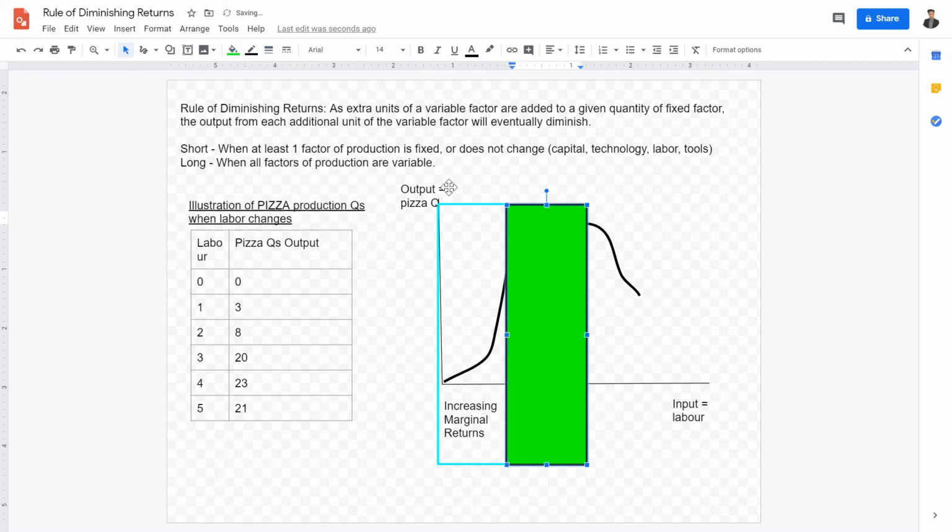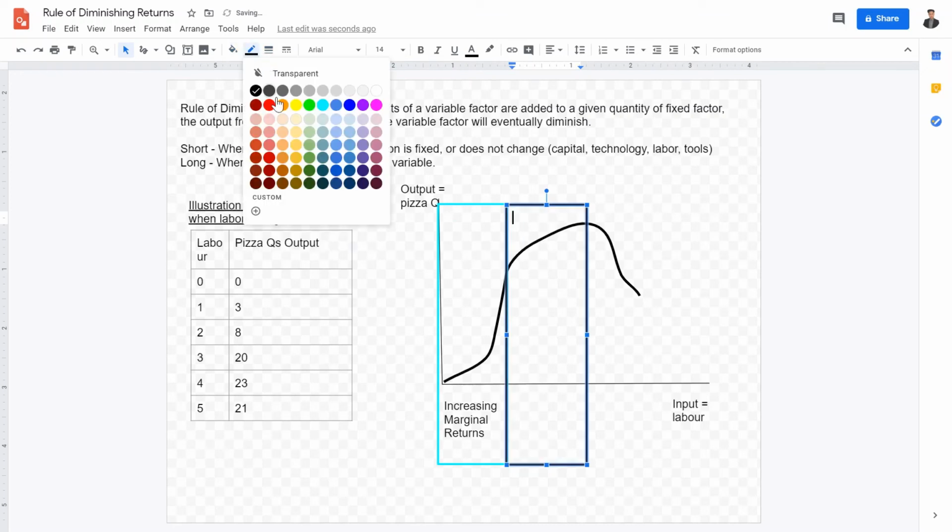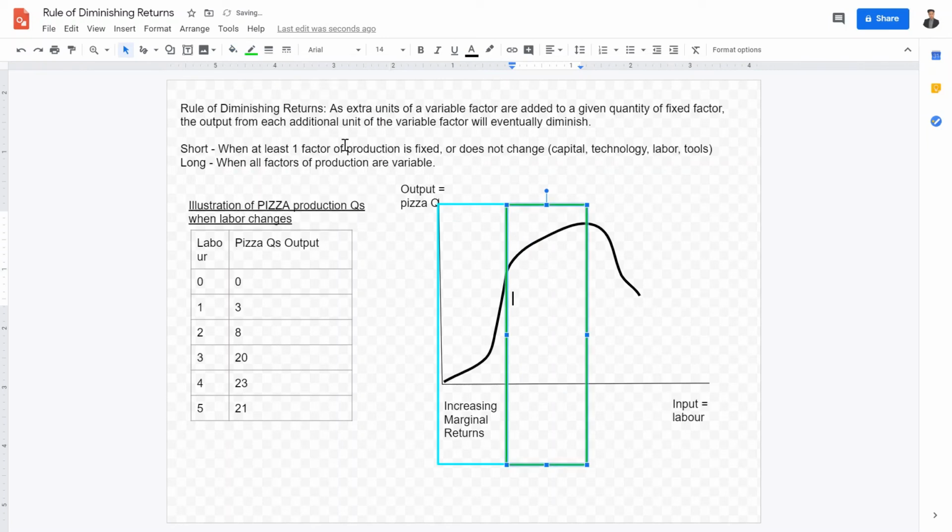So what do we call this section? We call this section the correlative marginal increase in returns.